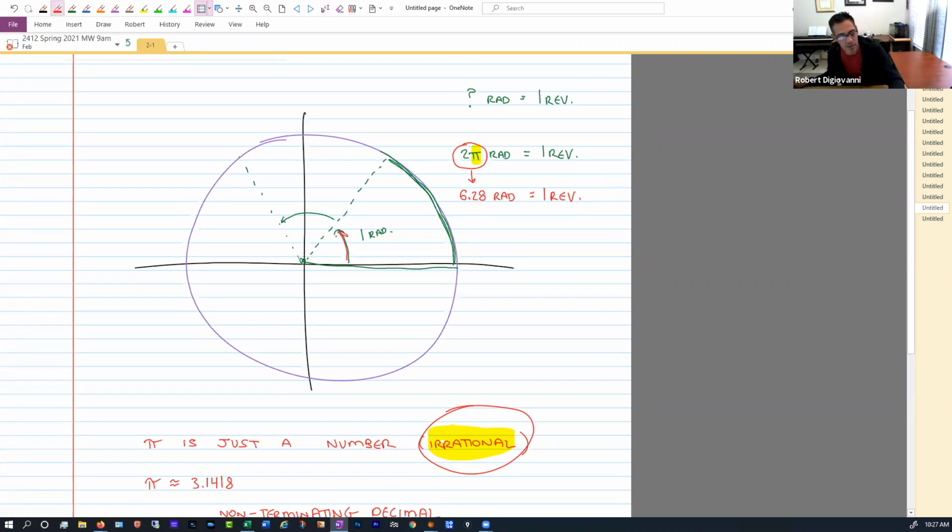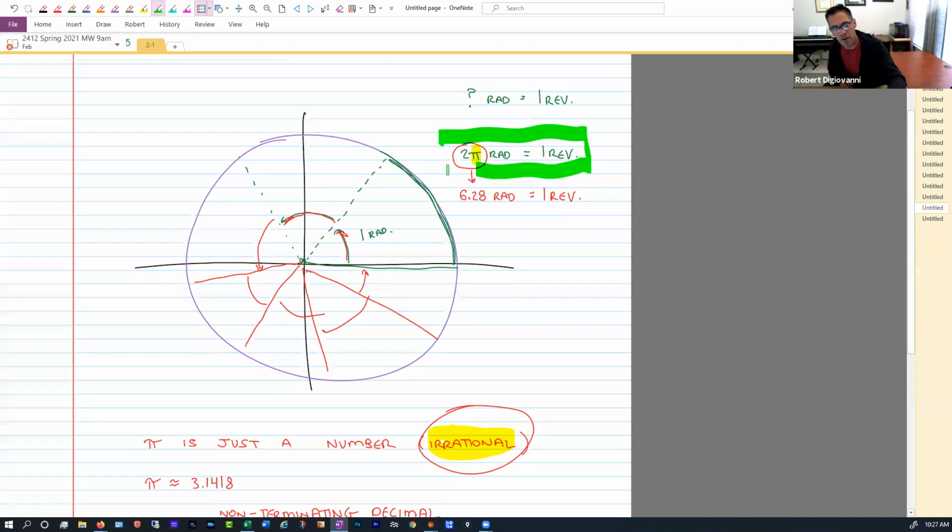So there's 1 of these, there's 2 of these, there's another one over here. That gives you 3 of them. And then there's 4 of them, and then 5. And then I'm not drawing very good, 6, and then not quite 7, we have about 6.28. So it takes about 6.28 radians to go all the way around. We will just say 2 pi radians in a full revolution.